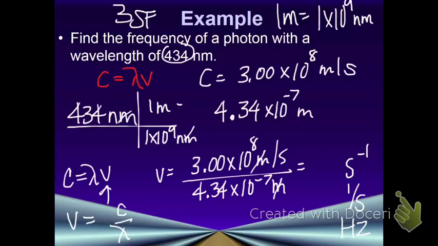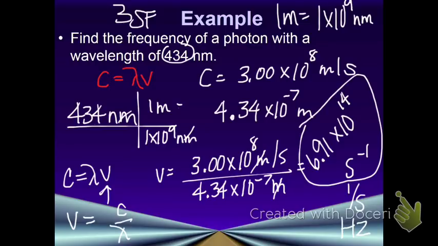So I put that into my calculator, and I get 6.91, because I need 3 significant figures, times 10 to the 14th, seconds minus 1, hertz, 1 over second, however you want to do that. So that would be my answer. I'm going to circle that with the unit, and that's how I would work the problem if I was going to solve for frequency.